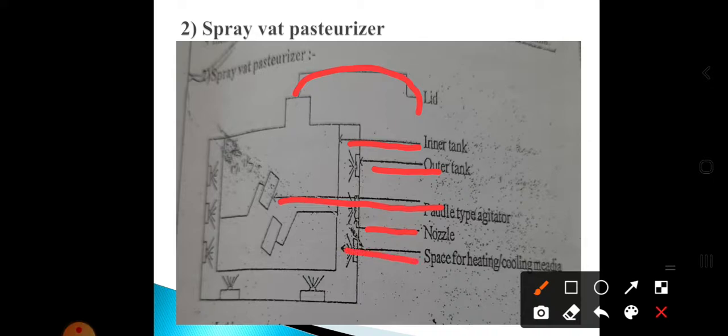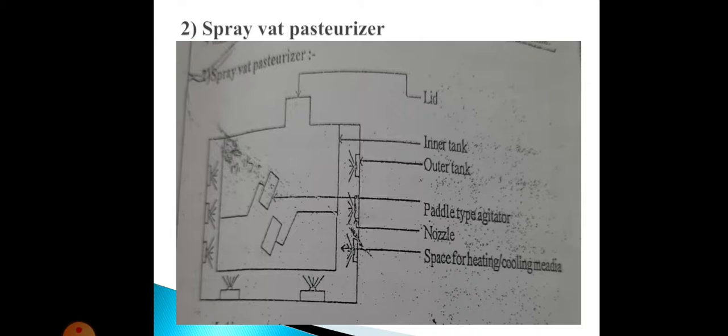This is the space for heating and cooling medium, and in this way it works. We will see the detailed information about it.